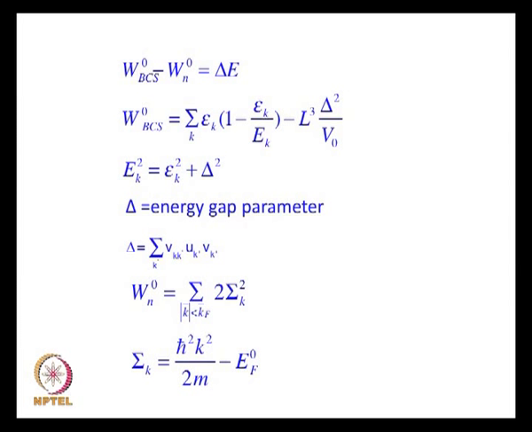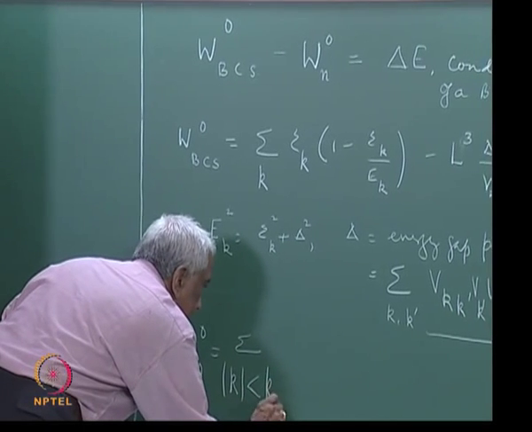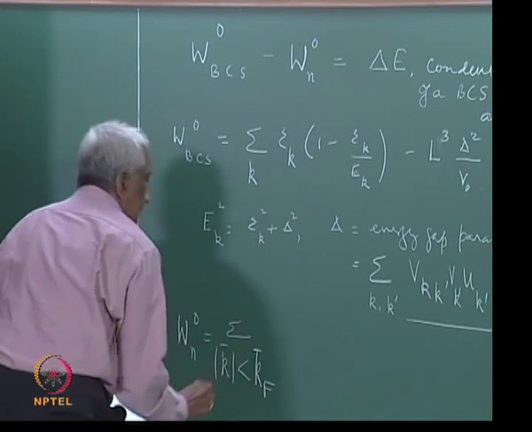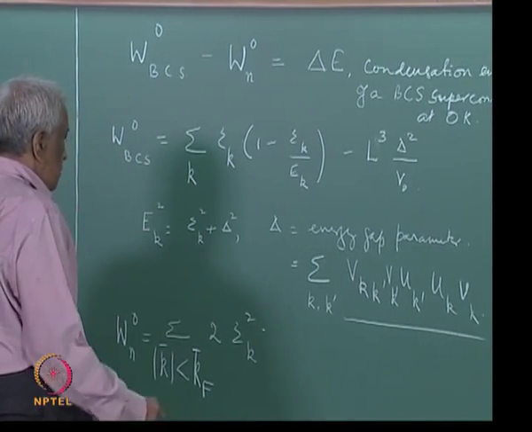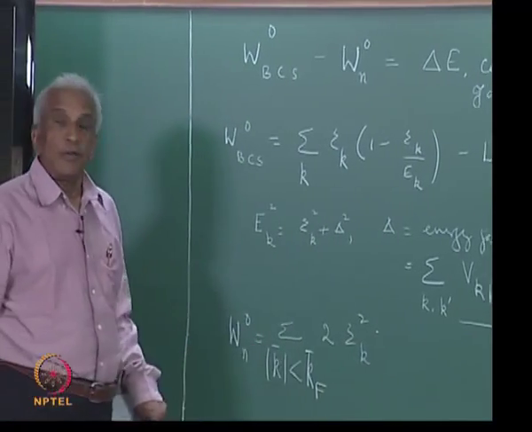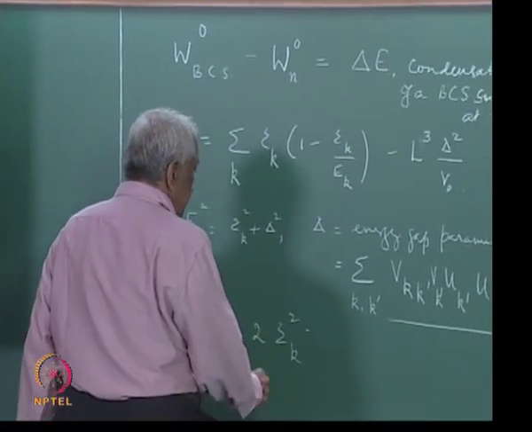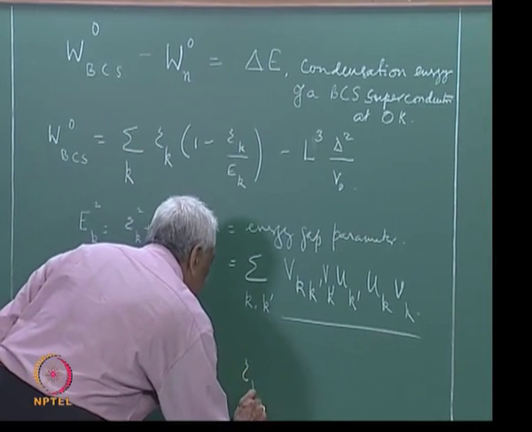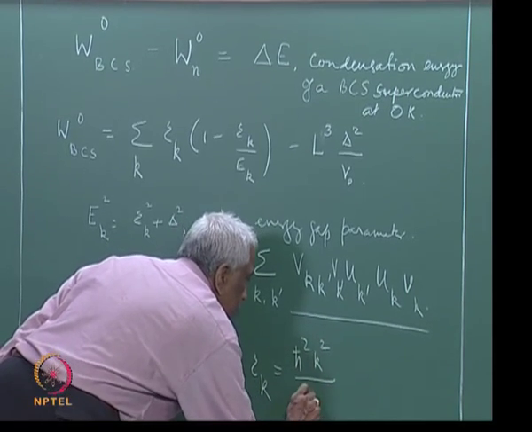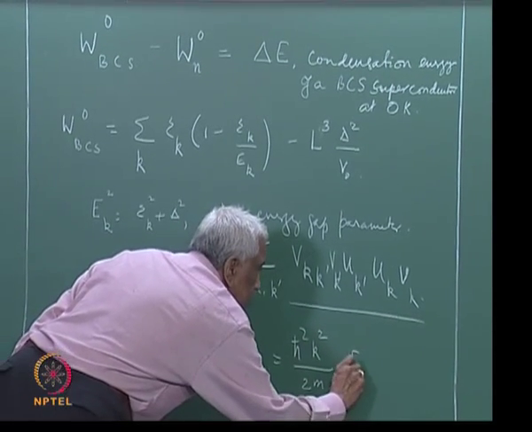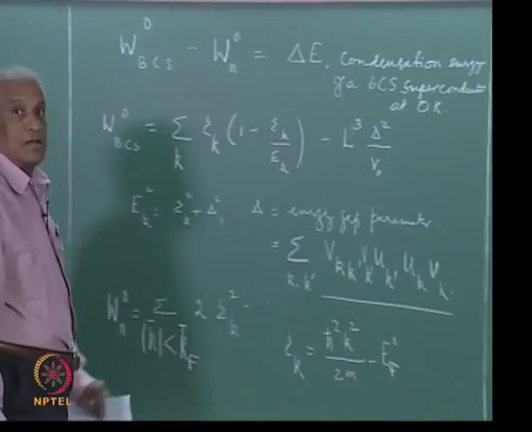and the normal state energy W_n(0) is given by the following, because only states up to the Fermi energy are filled in the normal state, and ψ_k is h cross square k square by 2m minus the Fermi energy at absolute 0.